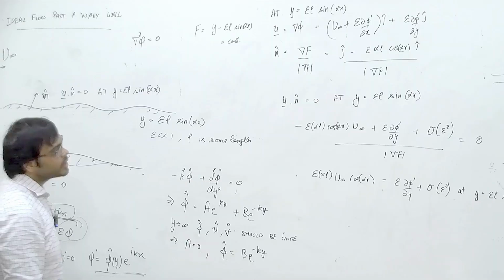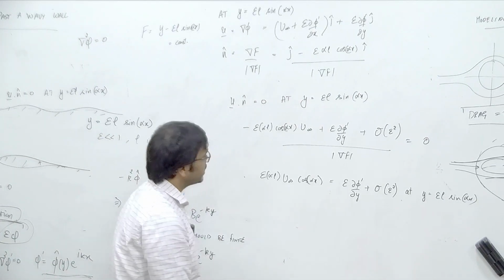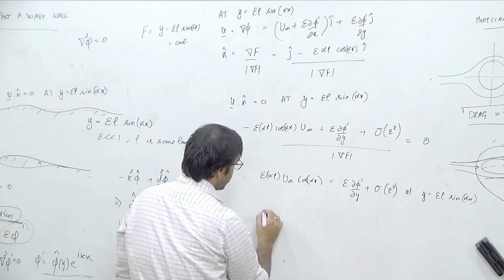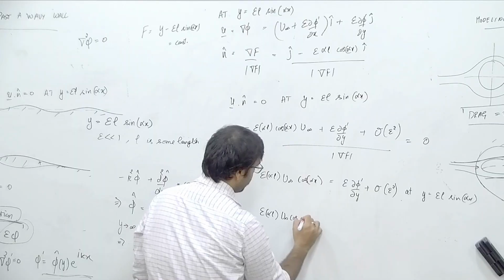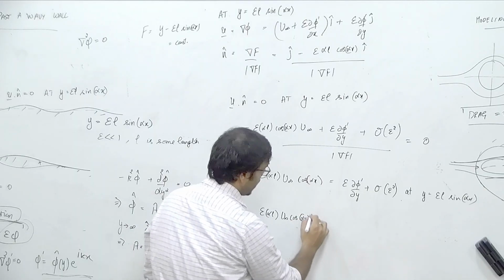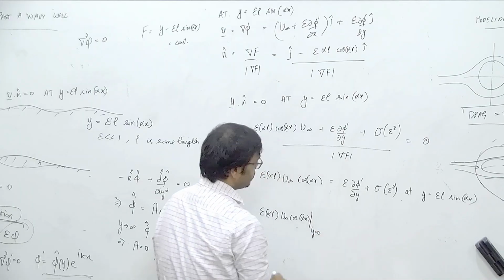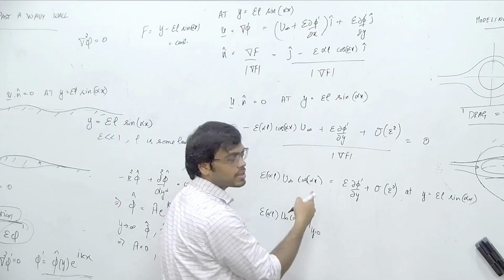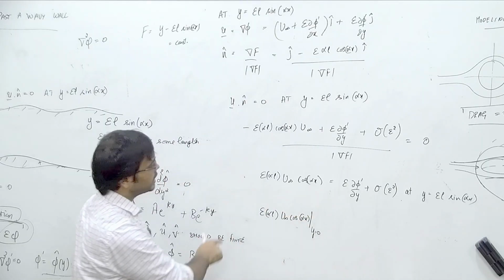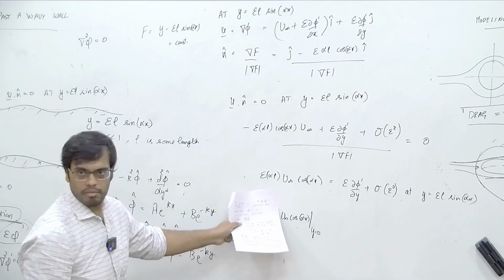Then we apply a Taylor series approximation here. The left-hand side does not change with y, so it is the same as at y equal to 0. There is no function of y here.